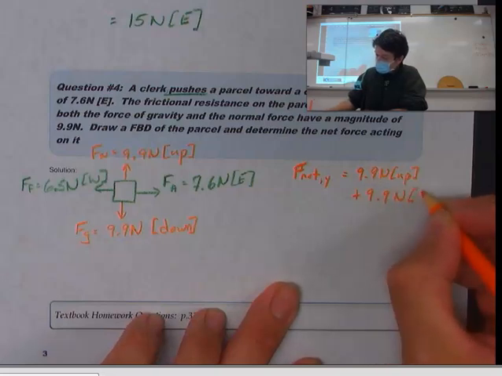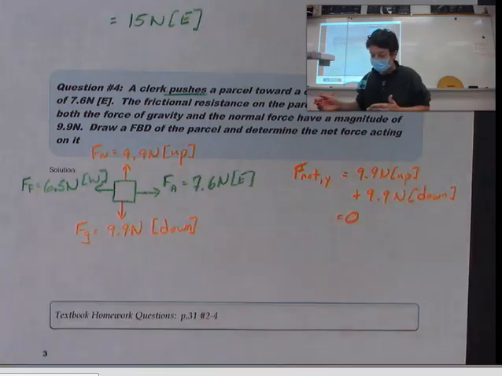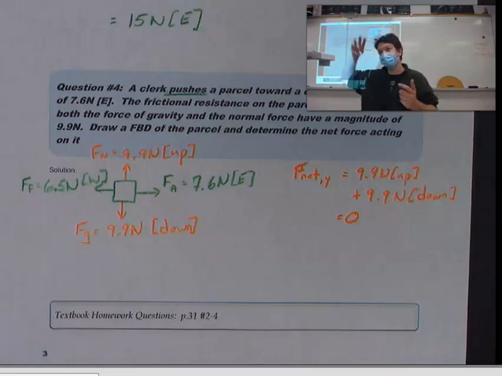Now you can probably see this is just going to add to 0. Which makes sense, because if it didn't add to 0, let's say it added to 1 newton up, then that means it should be taking off, because it should change your motion in the vertical plane.